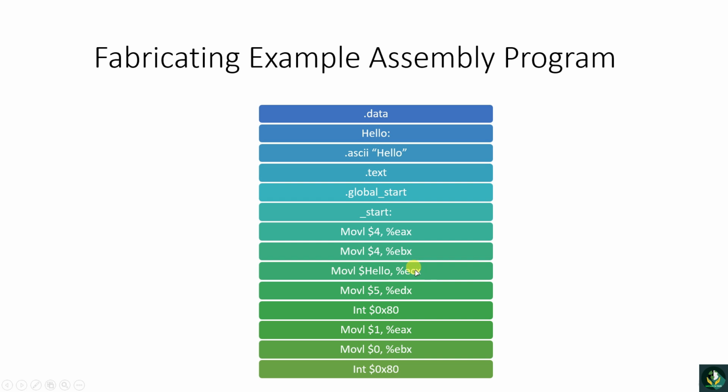This one loads the actual variable into ECX, then loads the length of the actual variable into EDX. Then this one is the software interrupt. This one loads the exit system call. This one is the parameter to the exit system call. The last one loads the software interrupt.